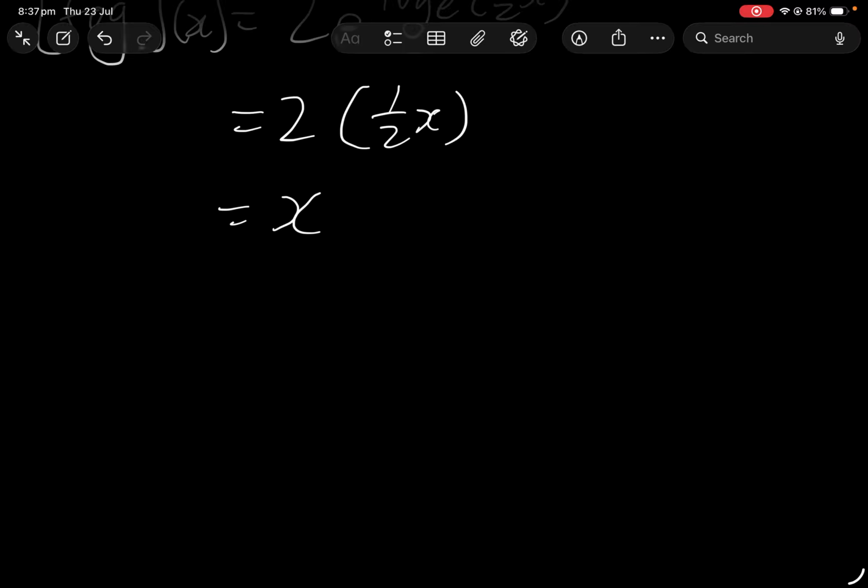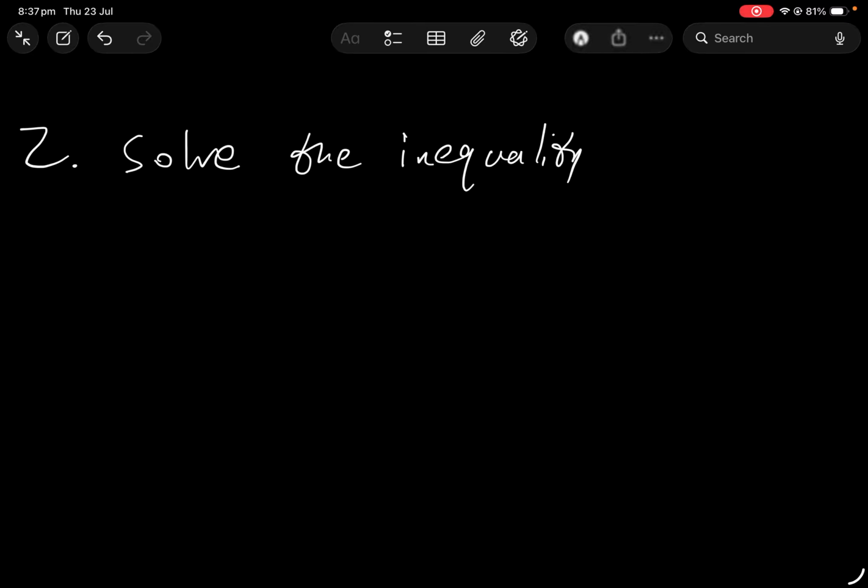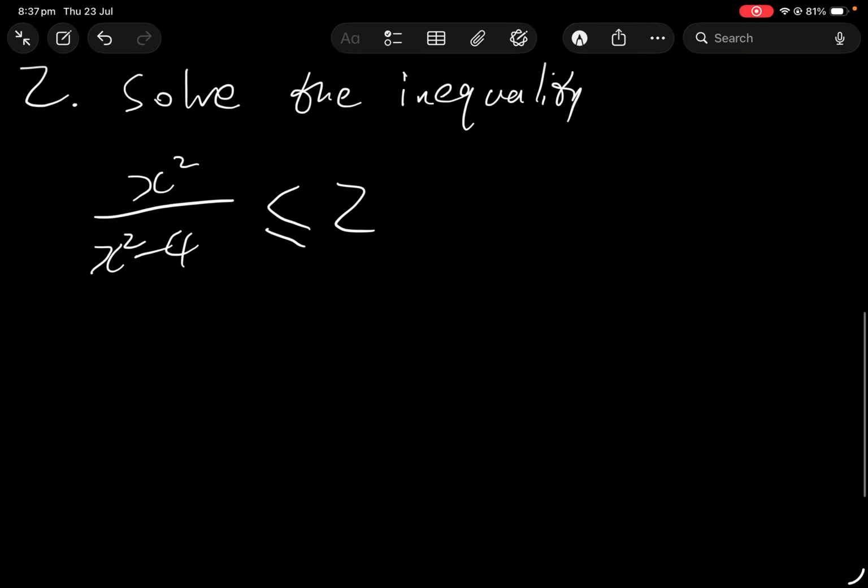For the next question, it's an easy first question. I think this topic gets harder, but I don't know. I'm doing these fast. I have to solve the inequality: 2 over x squared take 4 is smaller or equal to 2.